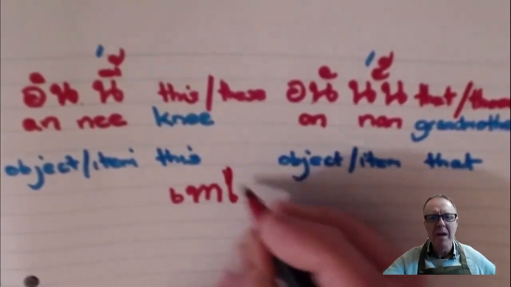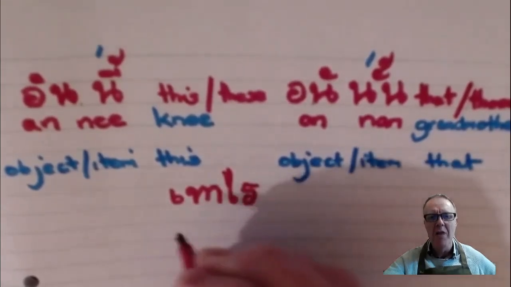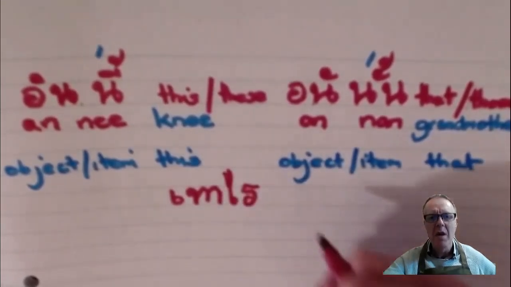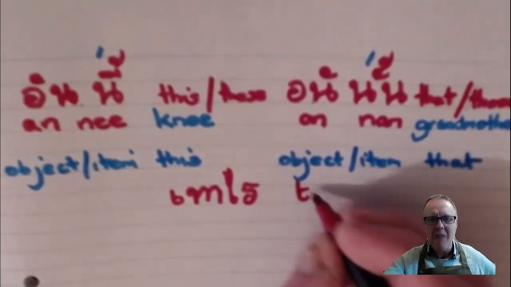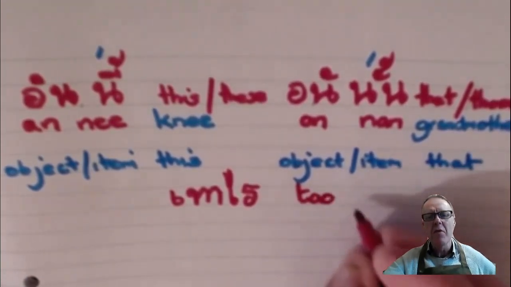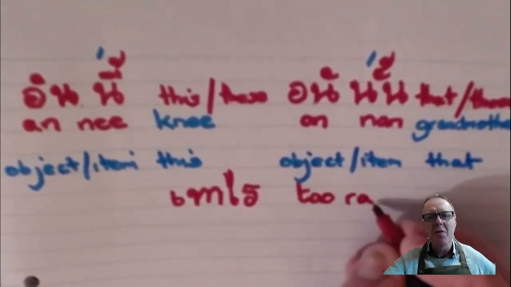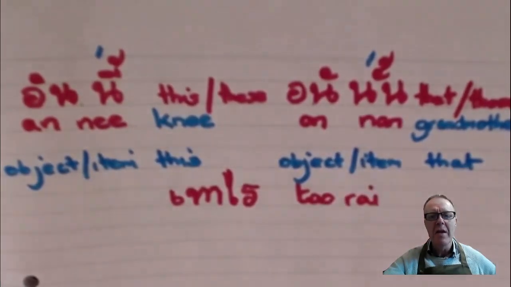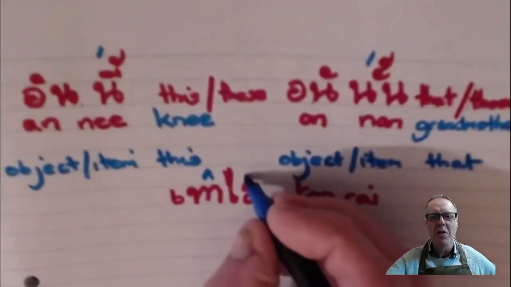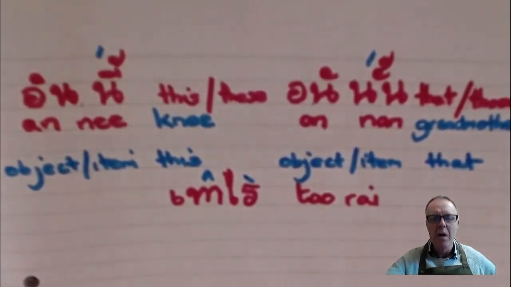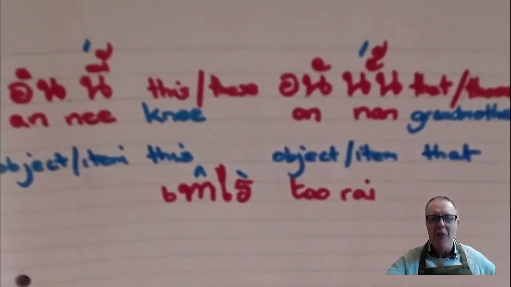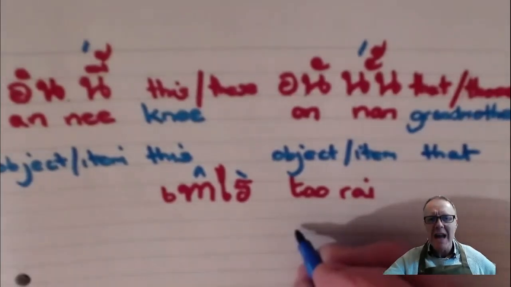The tao is a falling tone and then rai is a low tone. So tarai, tarai. Here we're going to put it in romanization to make it slightly easier for you, and then just below that, I'm going to use the Expat Thai romanization. So you've got ani tarai, and then you've got anan tarai.